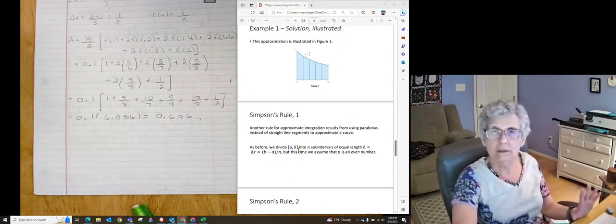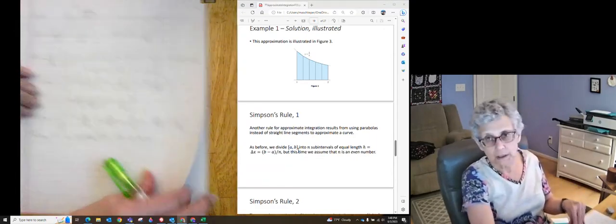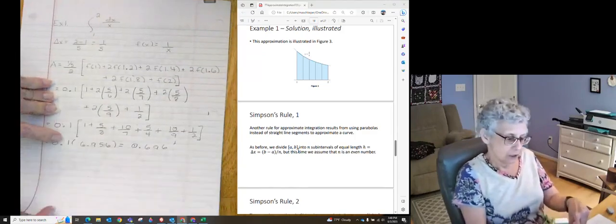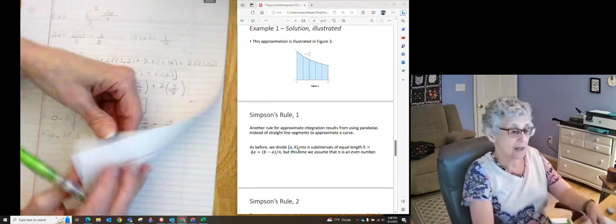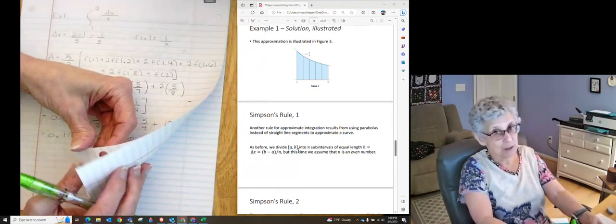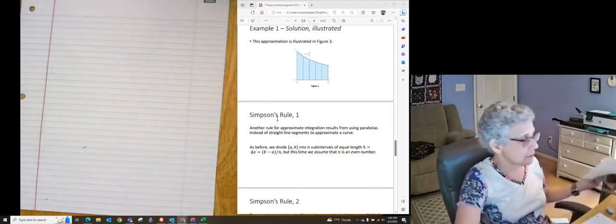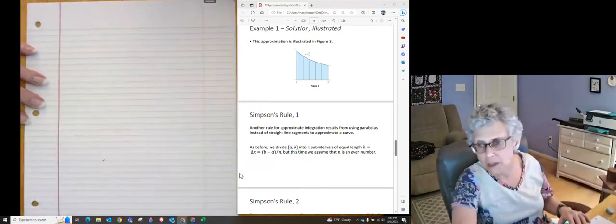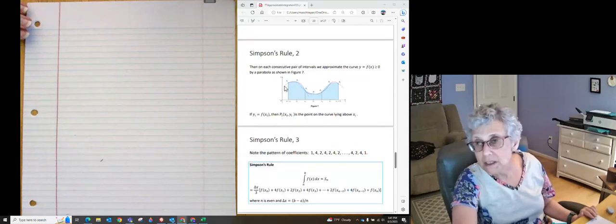Simpson's rule is even better. It uses little parabolas. Now, unfortunately, I can't show you exactly how the formula works because it's not as simple as trapezoids, which are 1/2 of base number 1 times base number 2 plus base number 2 times the height. But we do the same divisions and we draw little parabolas.